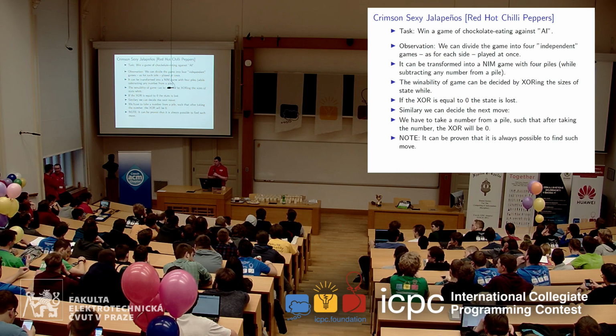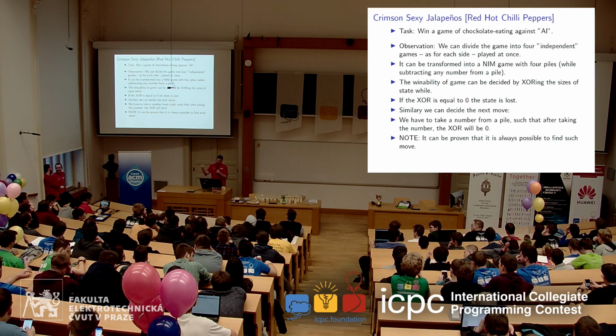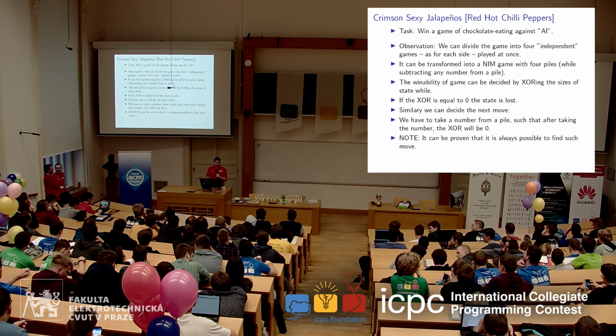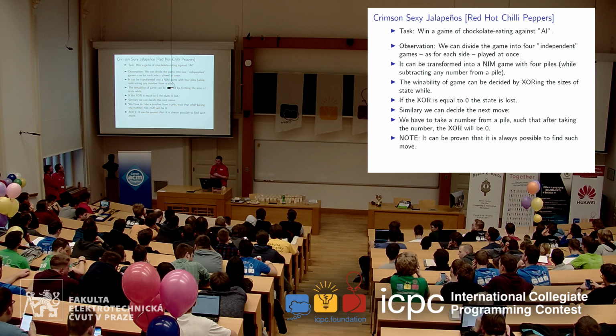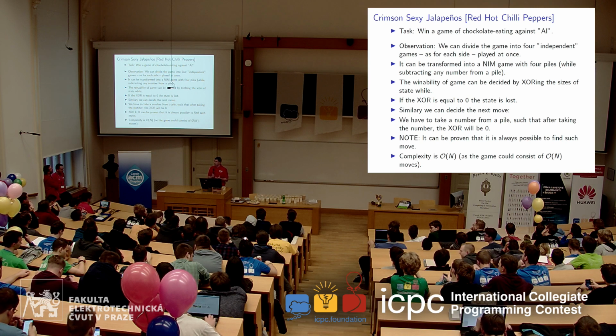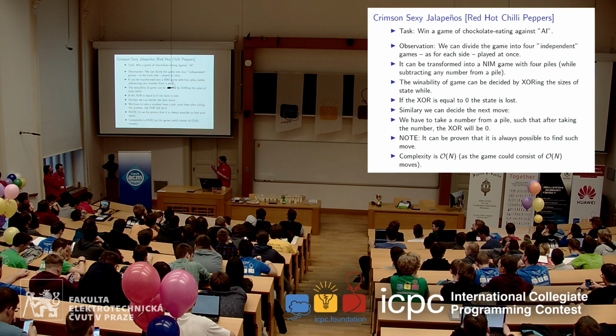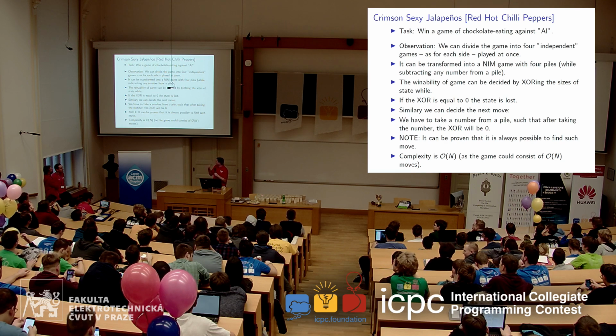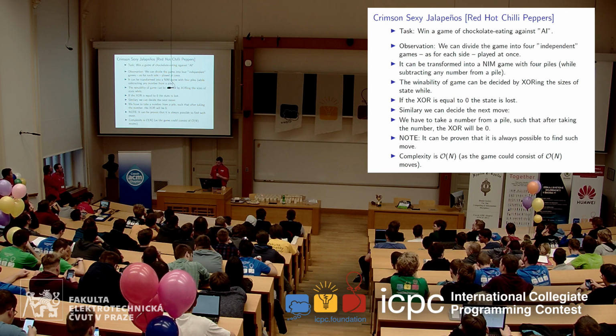So basically we just tried it for all 4 sides, and it could be proven that for at least one side we could find such a number. And we had to iterate. There could be up to n moves, so the complexity is linear, and for each move it is constant.